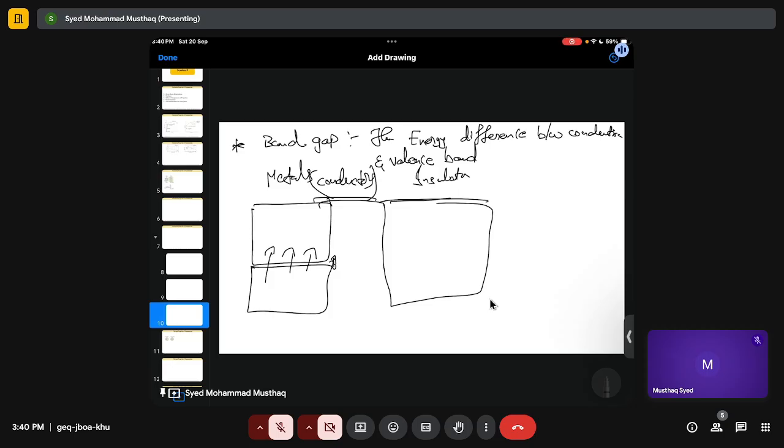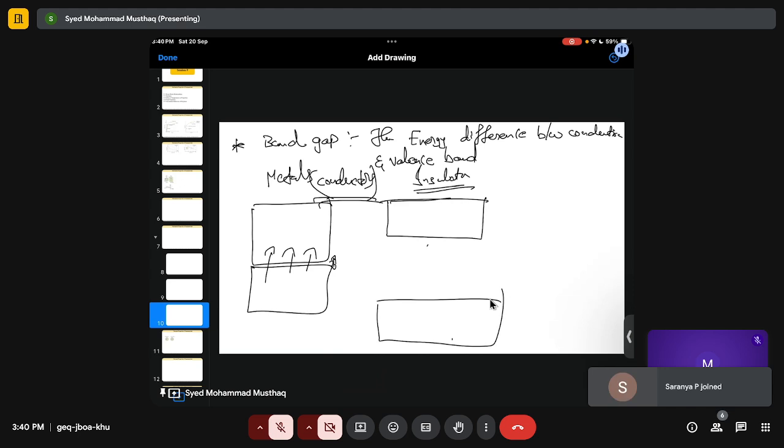And then you have insulators. Insulators are nothing but where the energy gap is very large, right? So that means it can be a few electron volts, right? From maybe more than 4-5 electron volts.